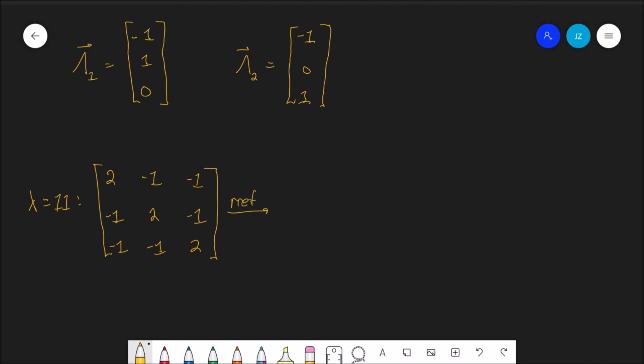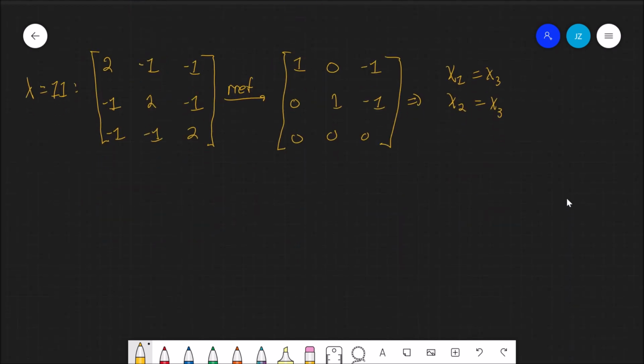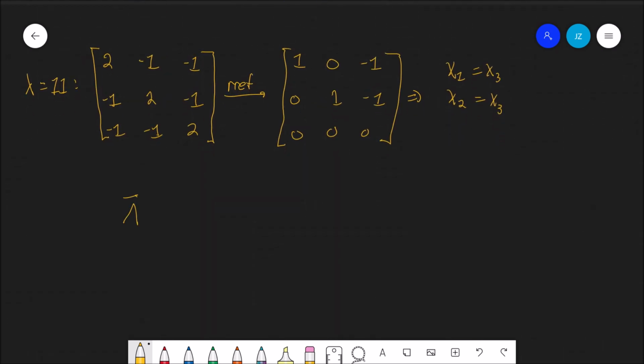This will reduce to 1, 0, minus 1, 0, 1, minus 1, 0, 0, 0, which is the system x1 equals x3 and x2 equals x3. And so, we'll get an eigenvector 1, 1, 1.